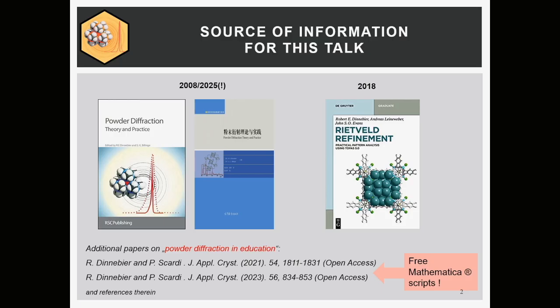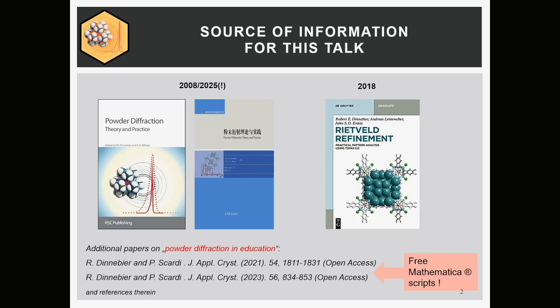And as Paolo mentioned this morning, Paolo Scardi and I wrote two educational papers, Powder Diffraction Education, in the Journal of Applied Crystallography, one about the peak profile and one about the intensity of a Bragg peak.